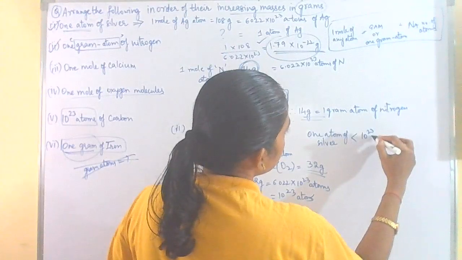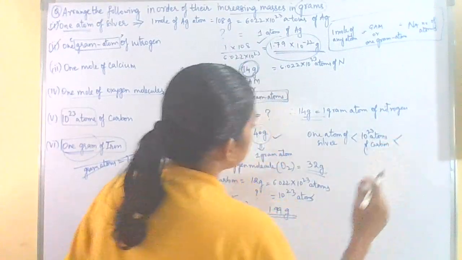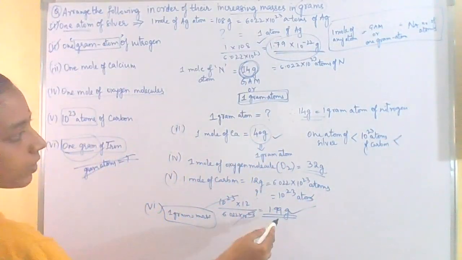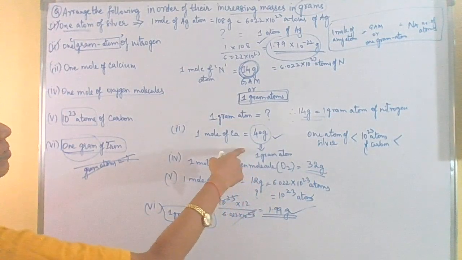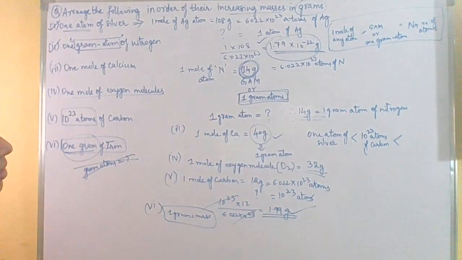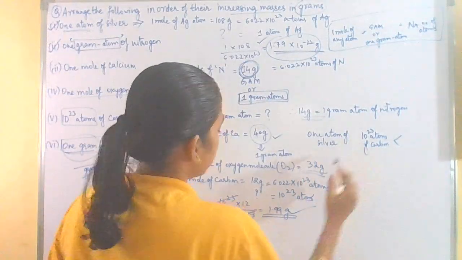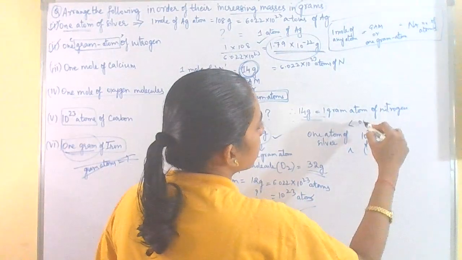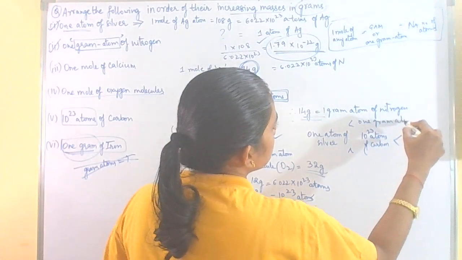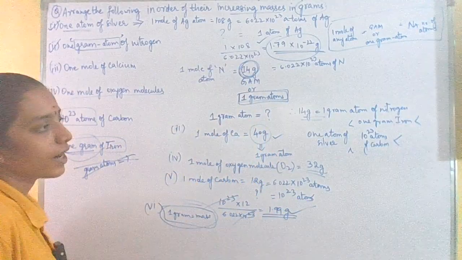After 1.99 grams, we can write 1 gram of iron. In between, you have to write this one also, 1 gram of iron, and then 10^23 atoms of carbon.